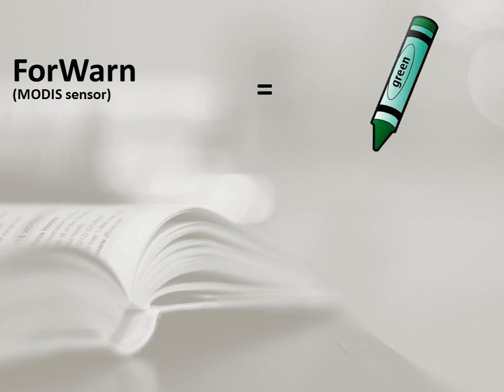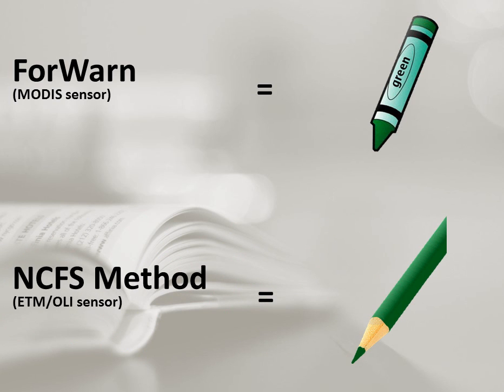The long story short is that Forewarn relies on the MODIS sensor, which you could say roughly draws on the landscape with a crayon, and you might go so far as to say a pretty dull crayon. Whereas the methodology we've been using in North Carolina uses Landsat satellites, Landsat 7 Enhanced Thematic Mapper and Landsat 8 OLI sensor, and is much more like drawing on the landscape with a fine colored pencil.